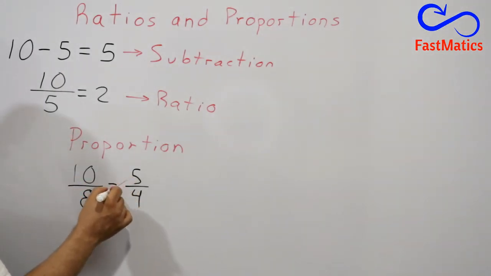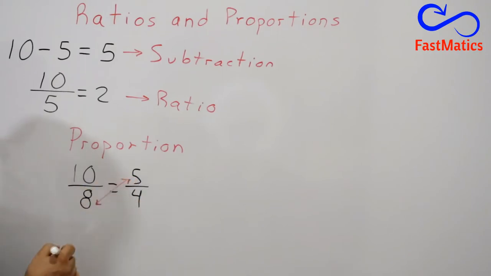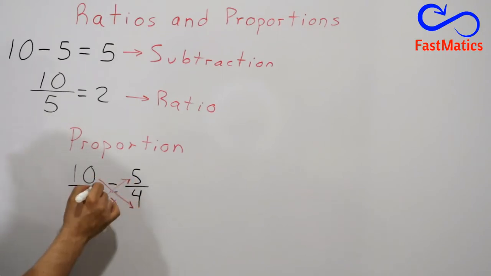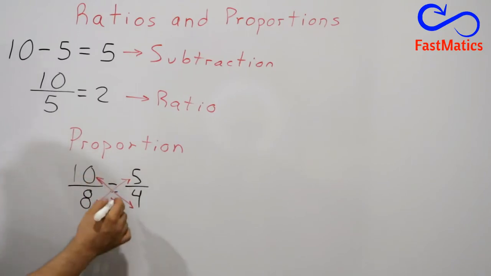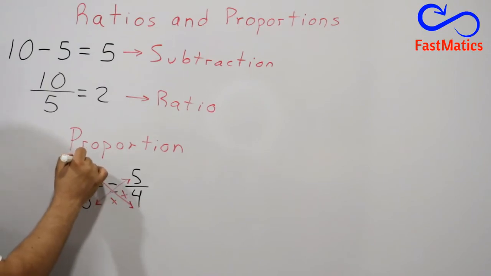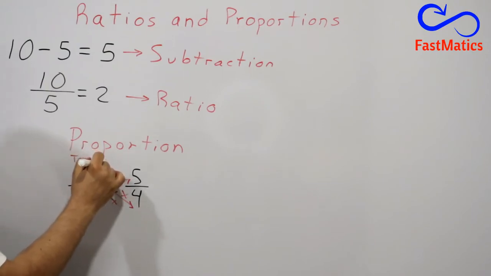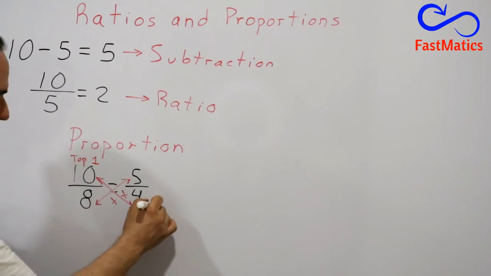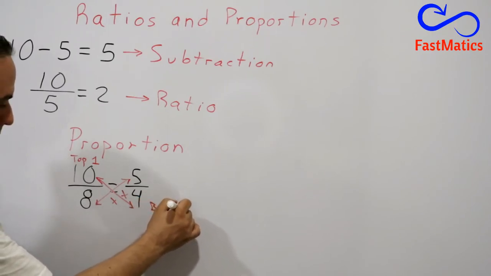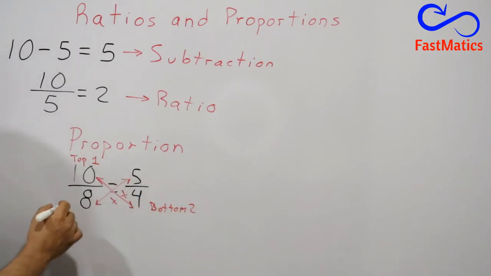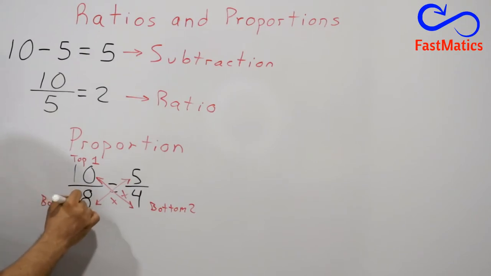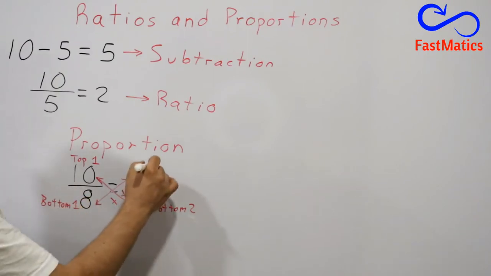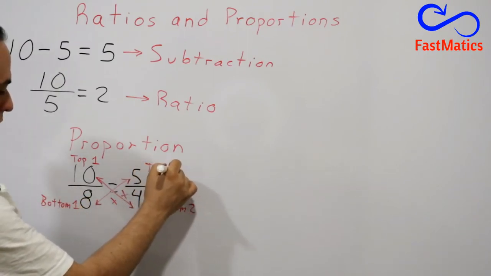If you multiply those two numbers, you are getting the same as when you multiply those other numbers. Here you have the top of the first ratio, the bottom of the second ratio, the bottom of the first ratio, and the top of the second ratio.